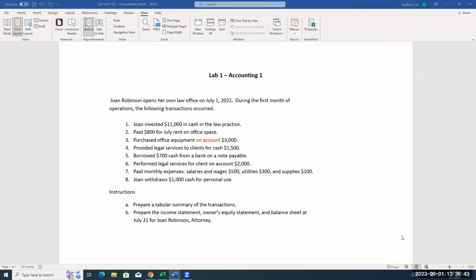Does it count as an expense? It's not an expense. An expense is something you incur to earn revenue. I haven't incurred anything. I've borrowed cash and signed a note. So it increases your cash. Yes, it does.